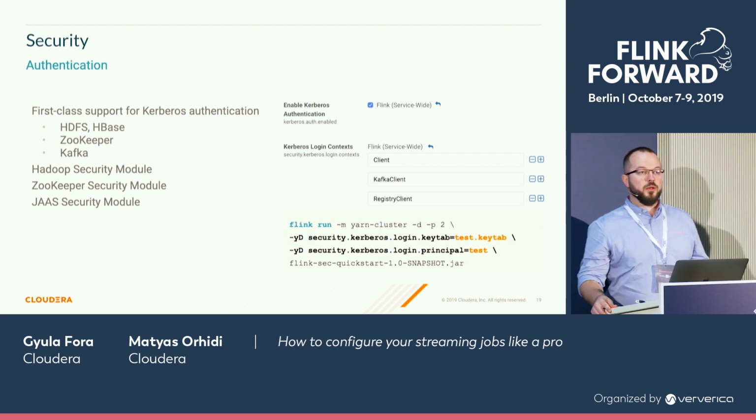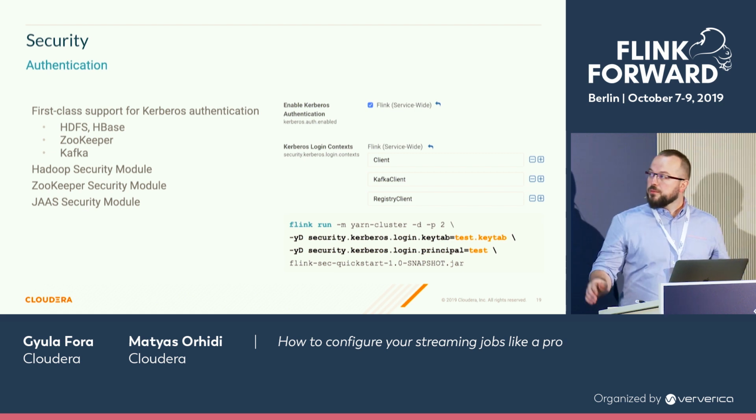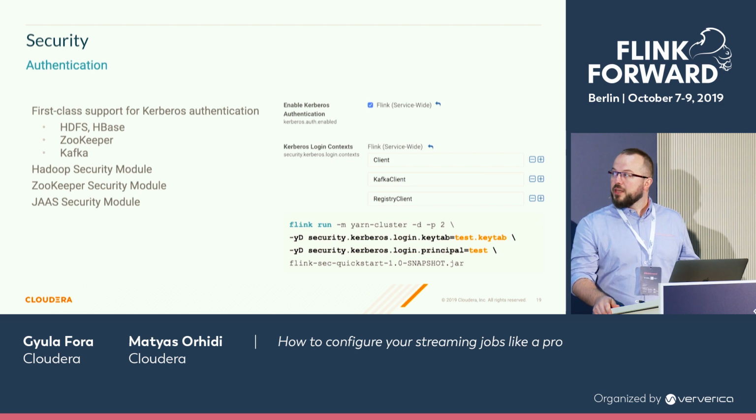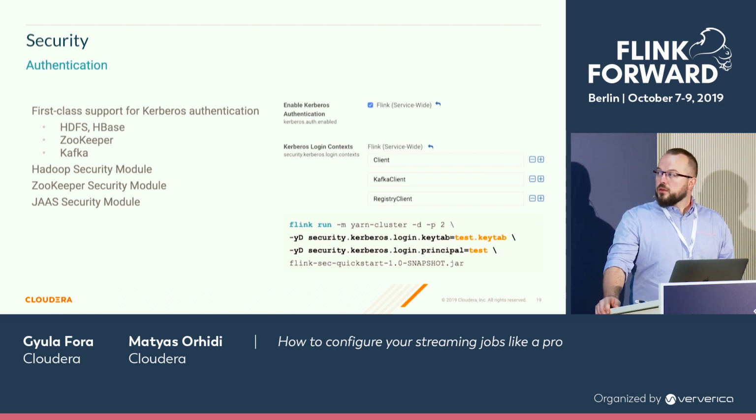So, authentication. Flink provides integration for Kerberos authentication for a few connectors. I listed them here: HDFS, HBase, Zookeeper, and Kafka. Those are the security modules that are responsible for integration.